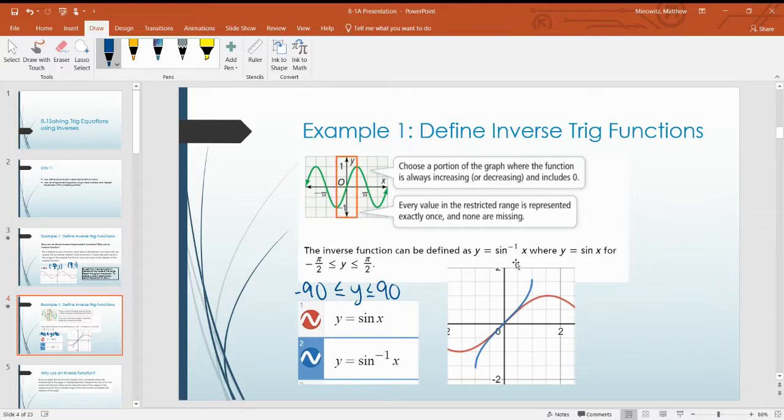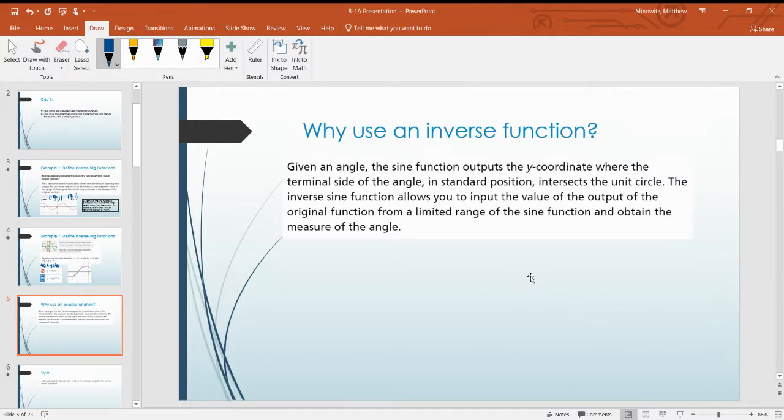So the inverse sine function has a domain restriction of negative pi over 2 to pi over 2, and then the range is negative 1 to positive 1. So why would we use these? In a normal sine function, the input is the angle and the output is the ratio.